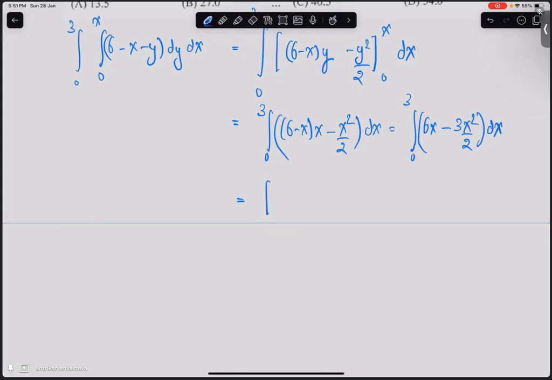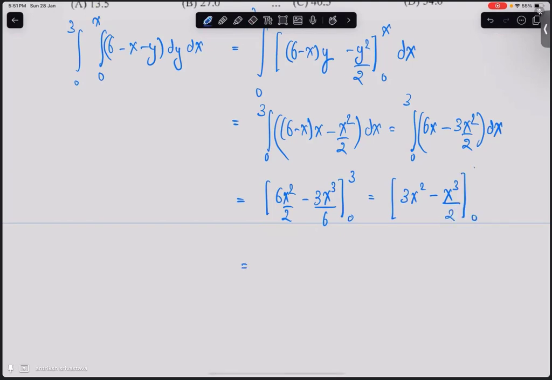So we have 6x square by 2 minus 3x cube by 2 into 3, or 6. The limit is 0 to 3. Further simplification will show that this is 3x square minus x cube by 2.